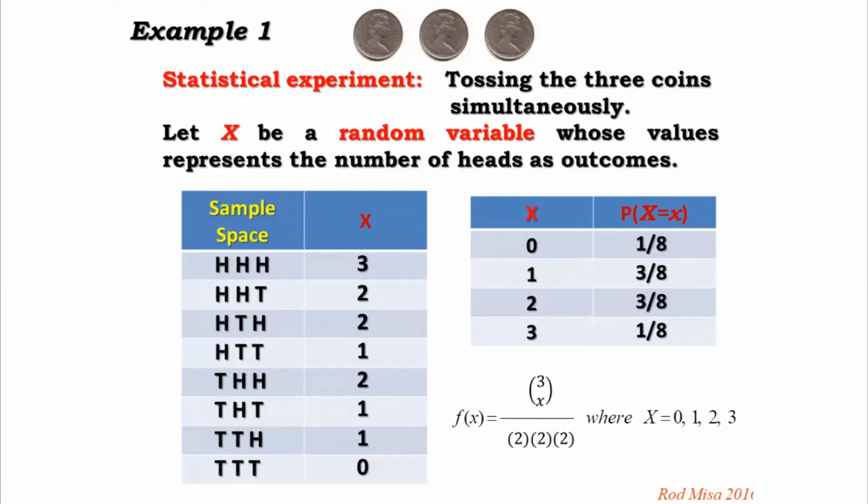So therefore, our probability when the random variable is 0 is 1/8. And you can check that when there is no head, the probability is 1/8.